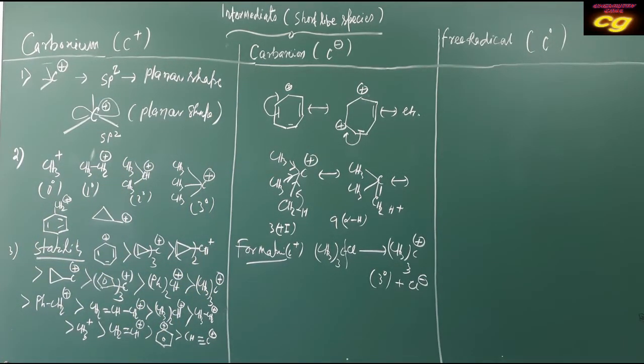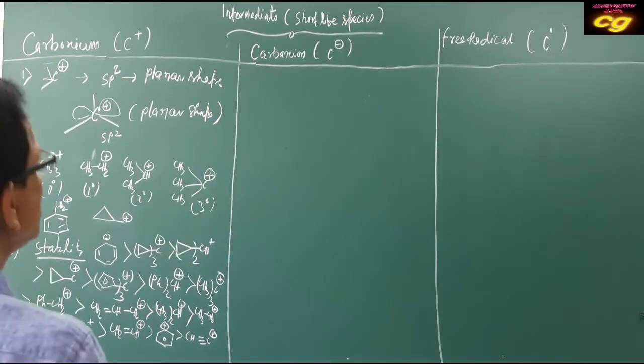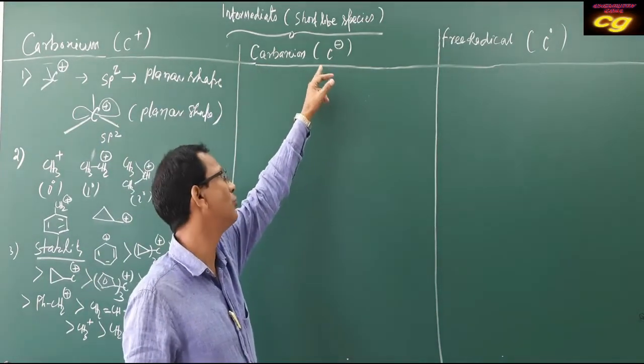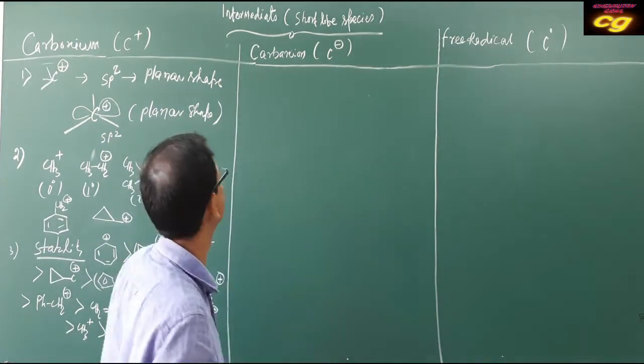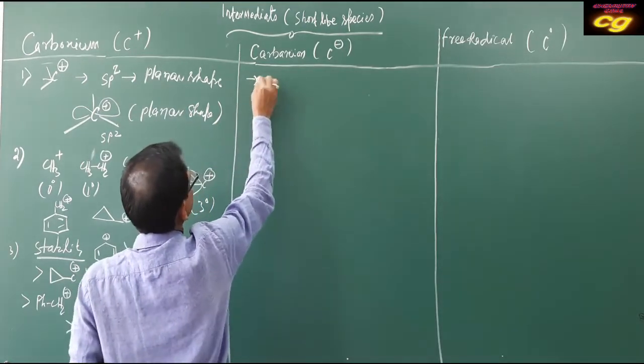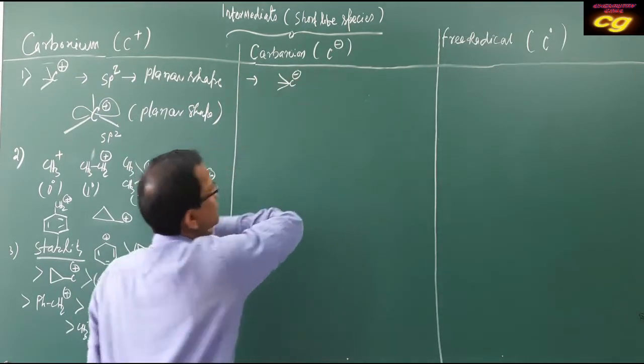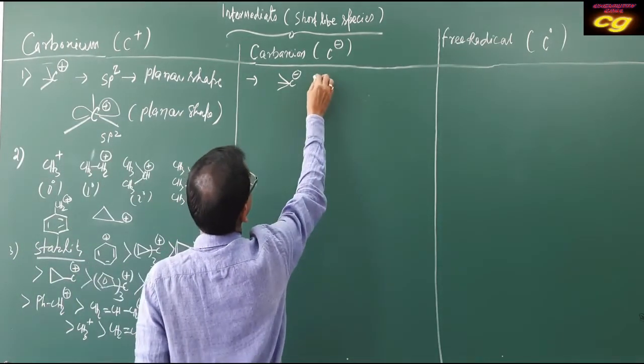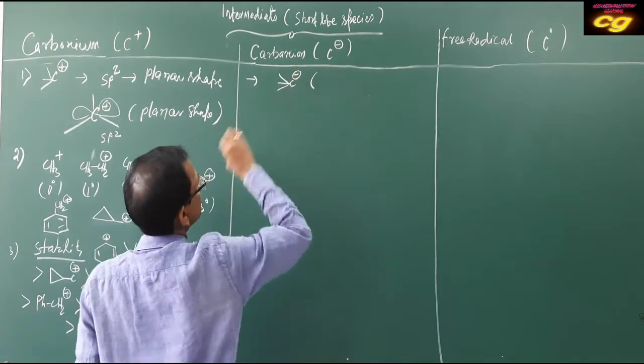Then let us discuss carbanion. Carbanion means carbon carrying a negative charge. That means one extra lone pair remains on the carbon atom. So it is this type of structure, that is carbanion, and generally it has 3 bonds and one lone pair.